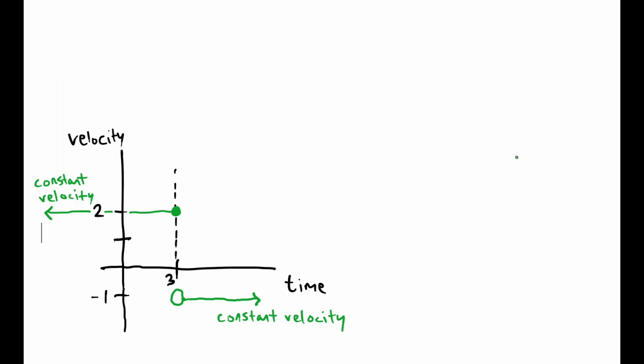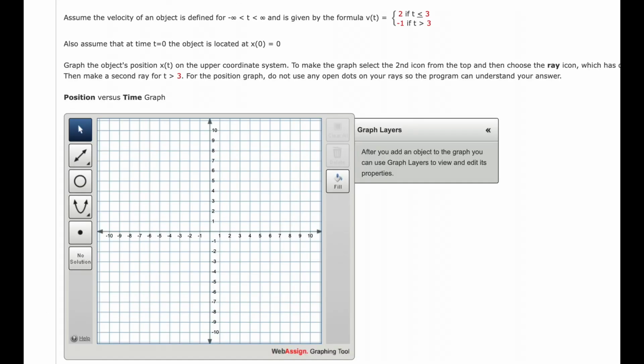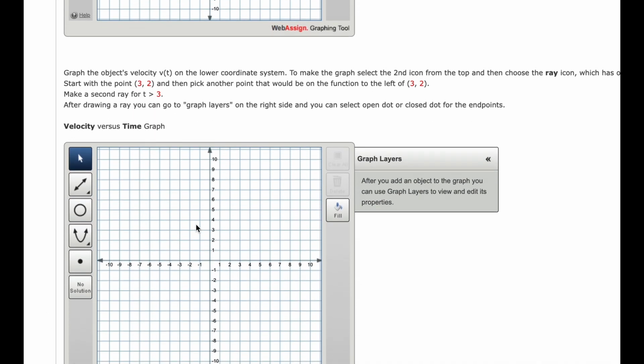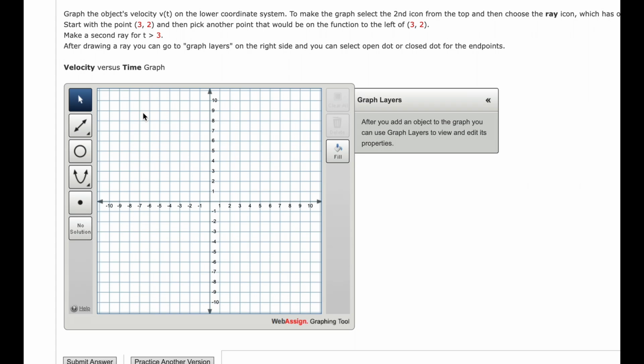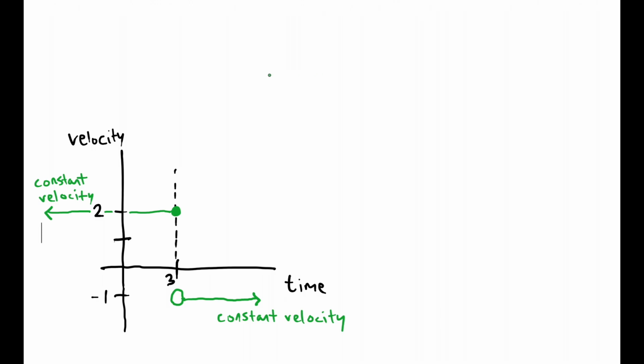So let's see if we can plot this in Webassign. You have to go to the v versus t graph. What I'm going to try to plot here is a ray that starts out at the coordinates 3, 2, and then it goes through some other point such as 0, 2.